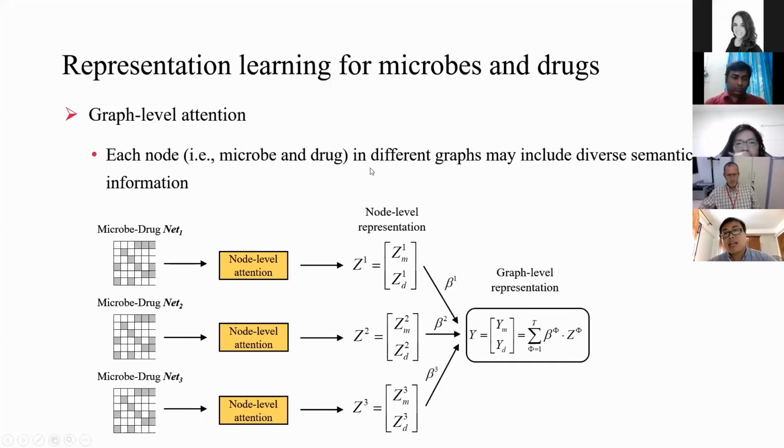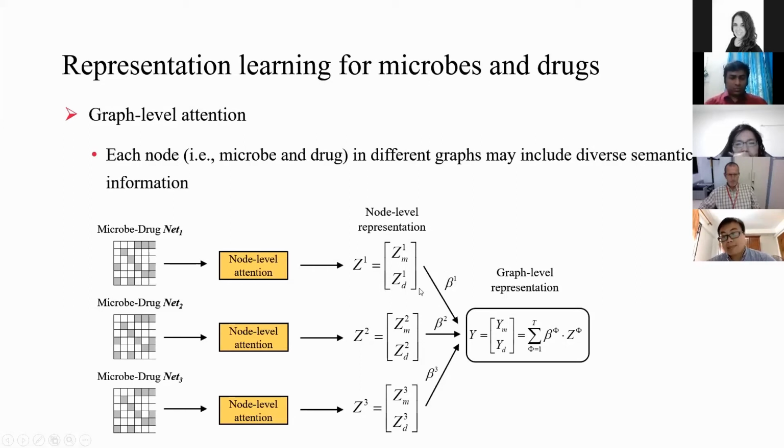Each node in different graphs may include diverse semantic information. For example, we can derive different importance attention scores, beta 1, beta 2, and beta 3 for net 1, net 2, and net 3 respectively.